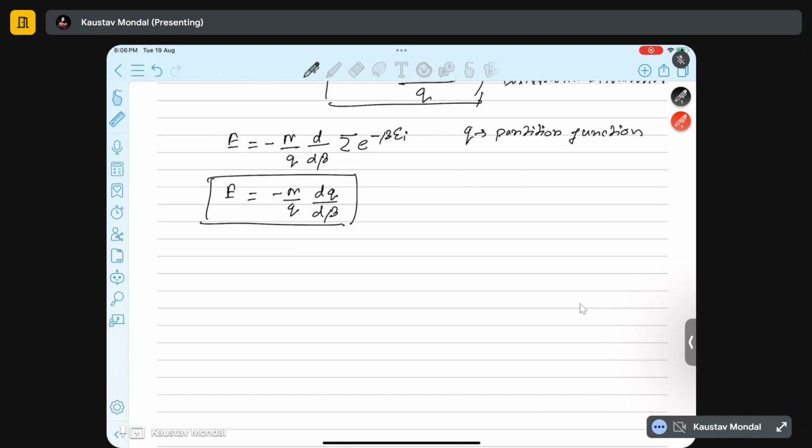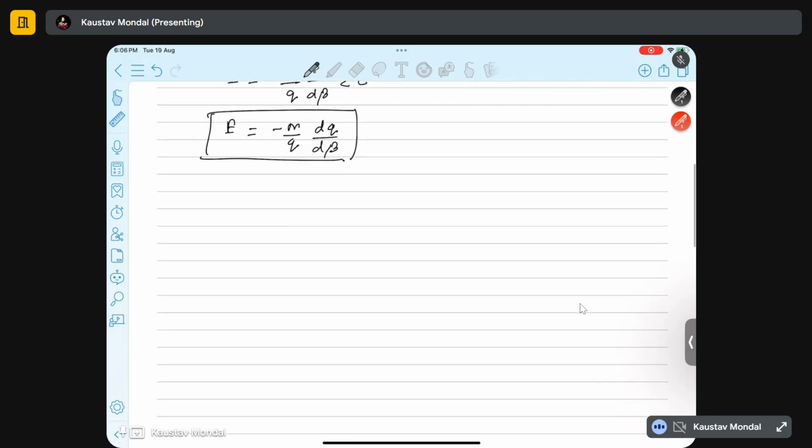Now if you have the information of the total energy, then you can easily calculate the internal energy. The internal energy U is basically the total energy of the system plus the internal energy at T equal to 0. So if you want to calculate internal energy at a particular temperature, you just add the total energy of the system plus the internal energy at 0.